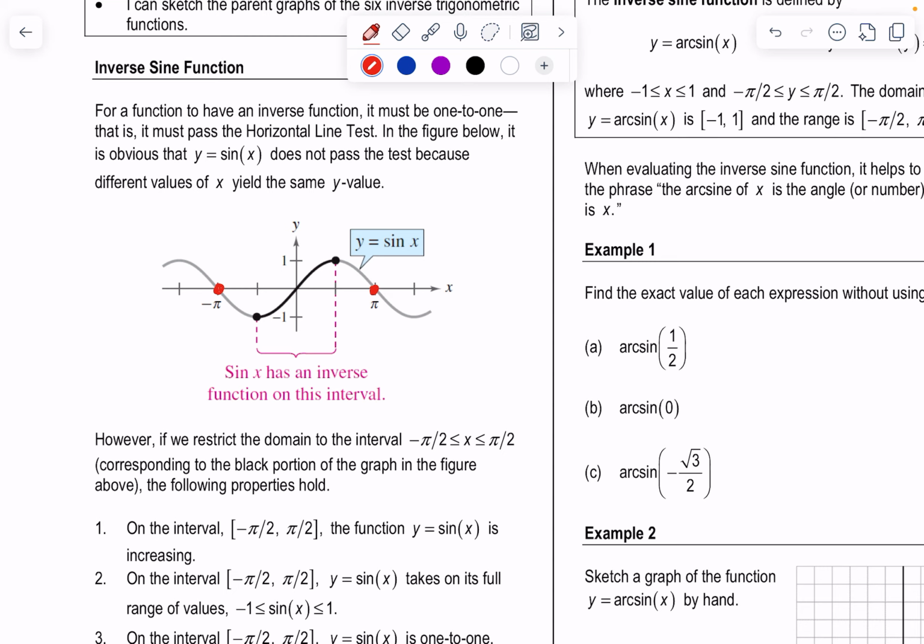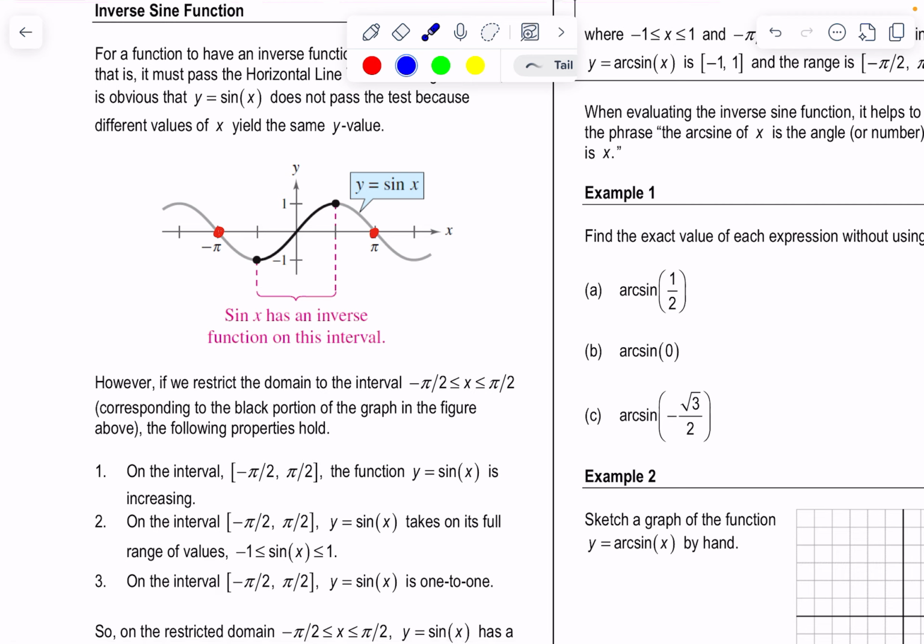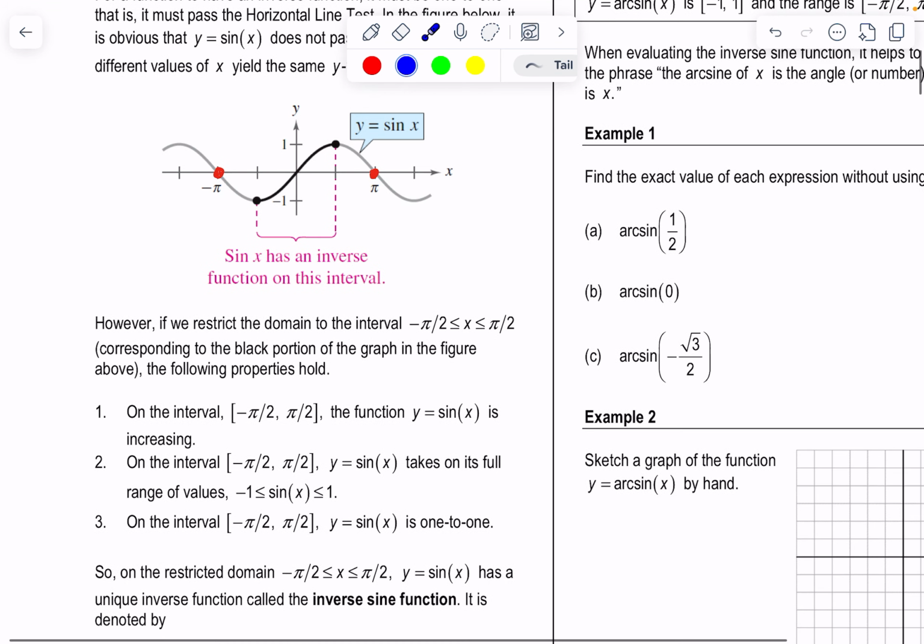If you take a look at the entire graph, it does not pass the horizontal line test. Therefore, it does not have an inverse function. But if we only look at this black portion, which is from negative pi over 2 to pi over 2 with a range of negative 1 to 1, it passes the horizontal line test.